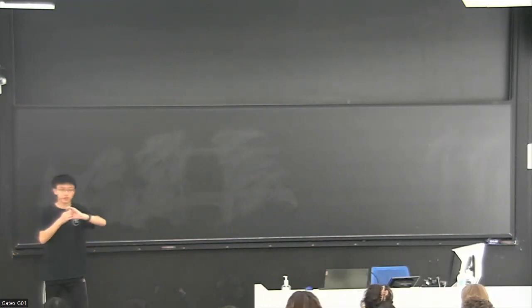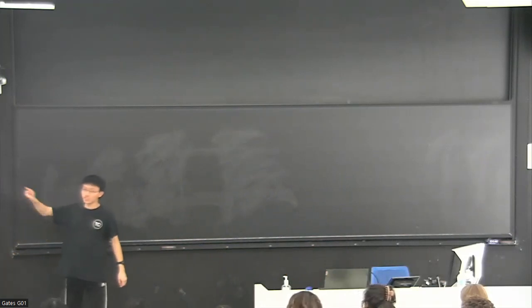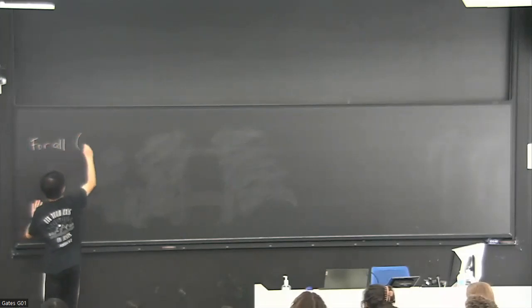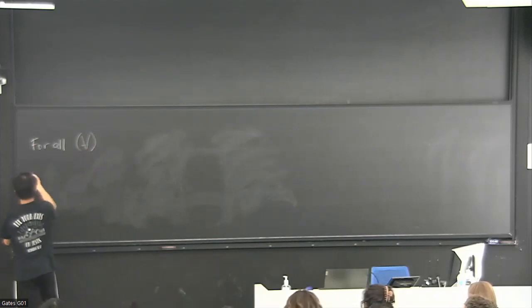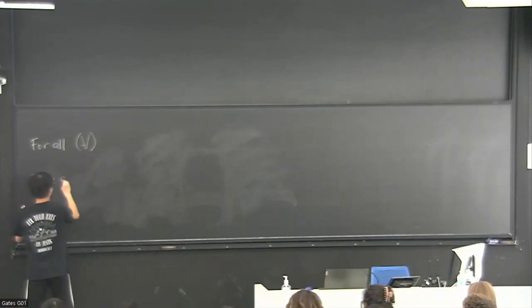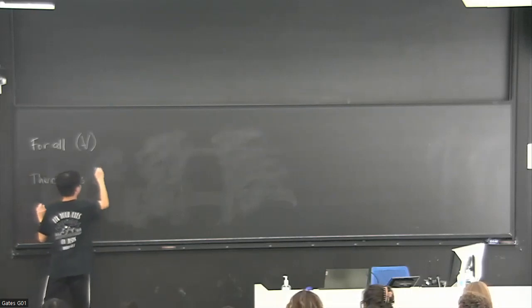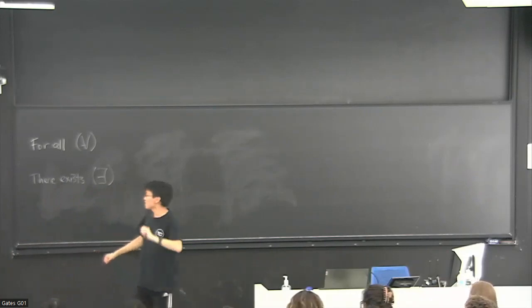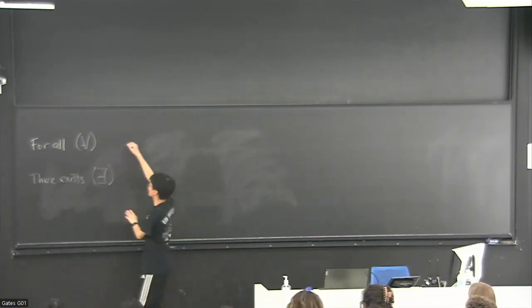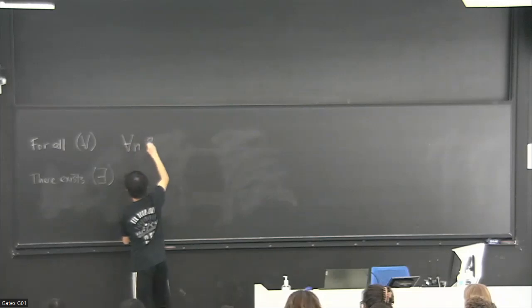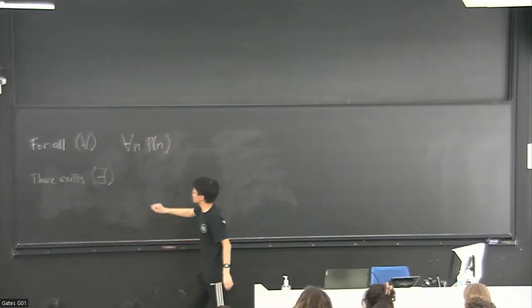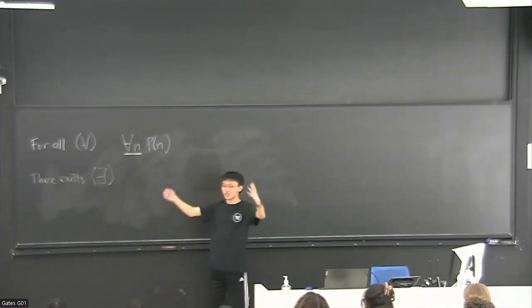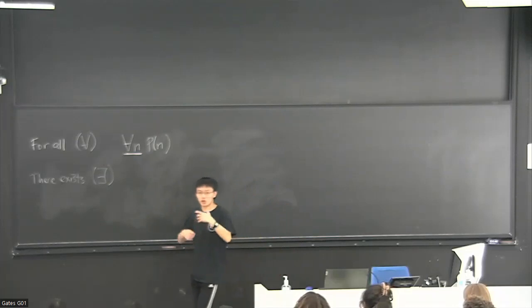I also want to introduce you to two other types of statements besides these, and that is the statement of for all, symbol for all, and there exists. I believe these symbols will be covered on Monday, but if I write a statement like for all n, P of n, what this says is implicitly there's some set of things, some collection of things which I'm talking about.